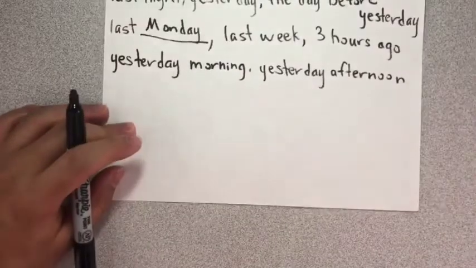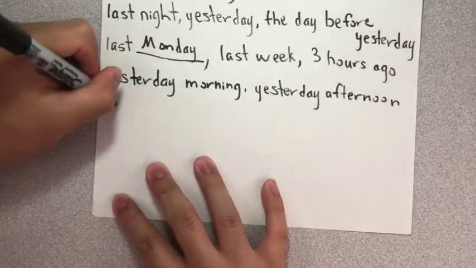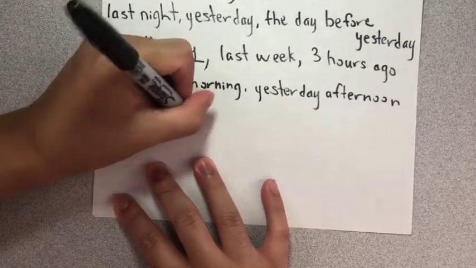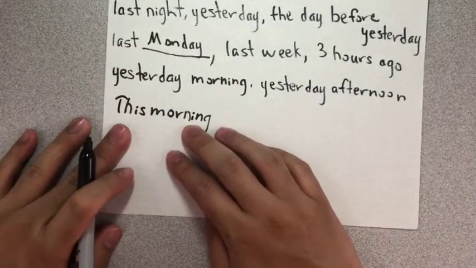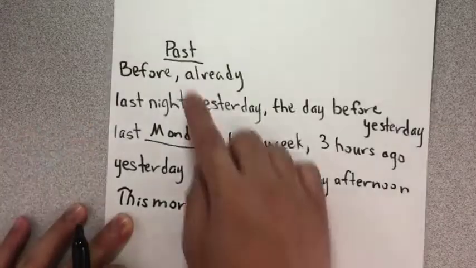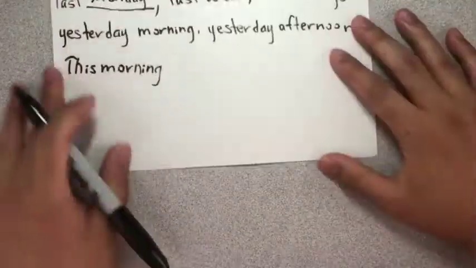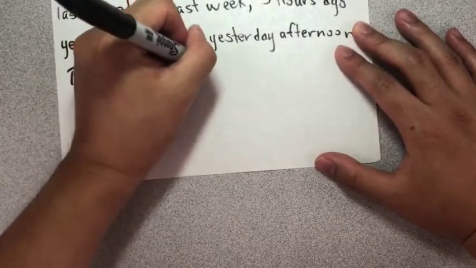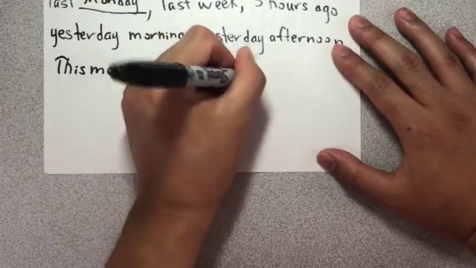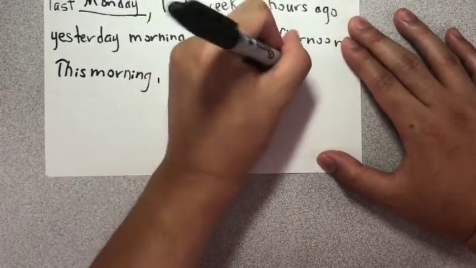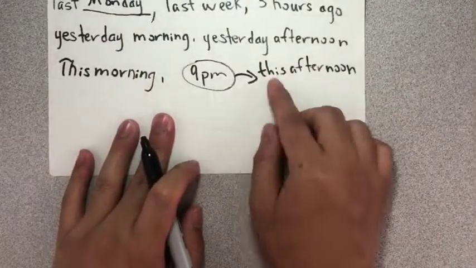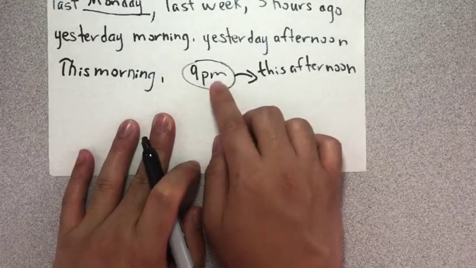Another way we can talk about the past is this morning. So right now it is 2 in the afternoon. So this morning is in the past. Or if right now it is 9 p.m. I can say this afternoon, because this is in the past if right now is 9 p.m.